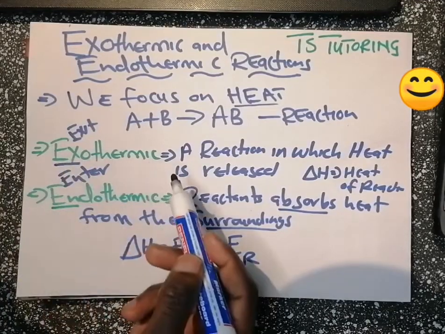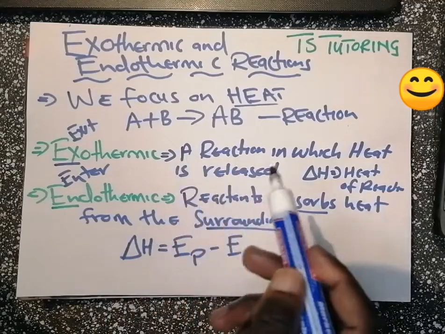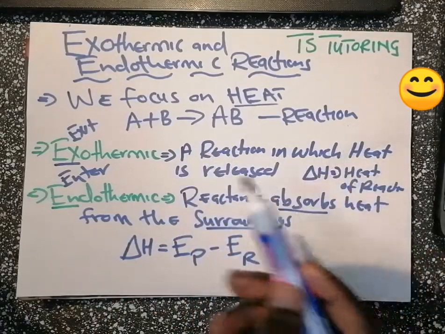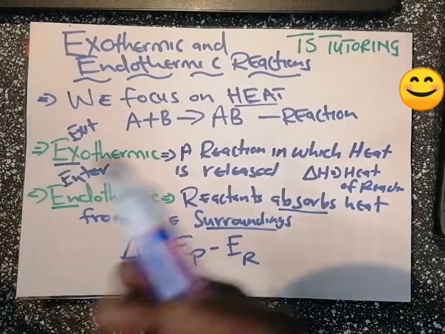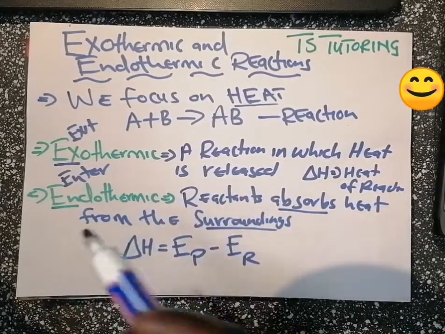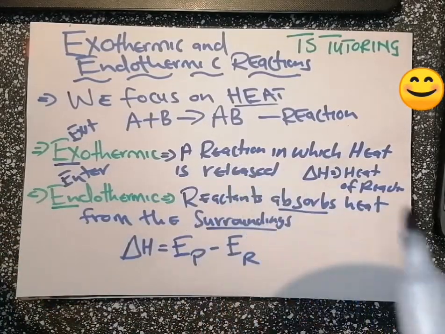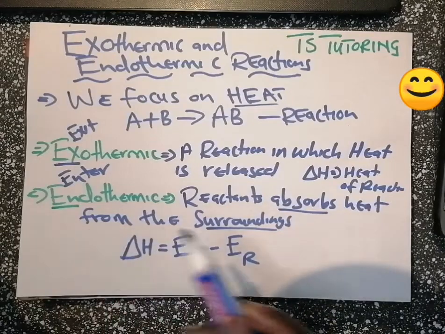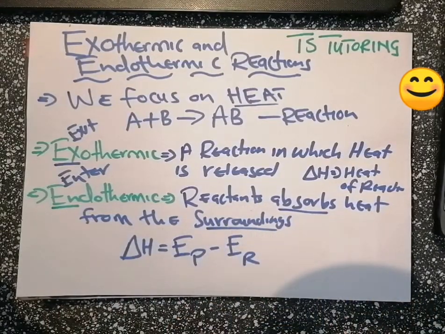Exothermic reactions are reactions in which the heat is given off or released to the surroundings. X stands for exit. The heat exits the reaction and goes to the surroundings. Endo, the EN stands for enter. The heat is coming from the surroundings and entering the reaction. Therefore, the reactant will absorb heat from the surroundings.